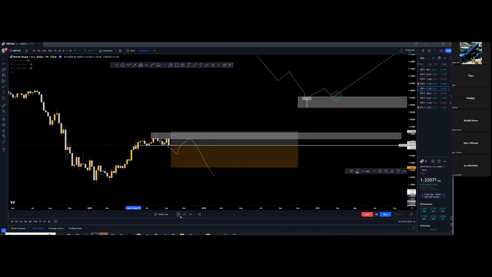So let's watch our price, please. Let's say you take your shot from that position right there. We have our factors, and let's see how price goes.